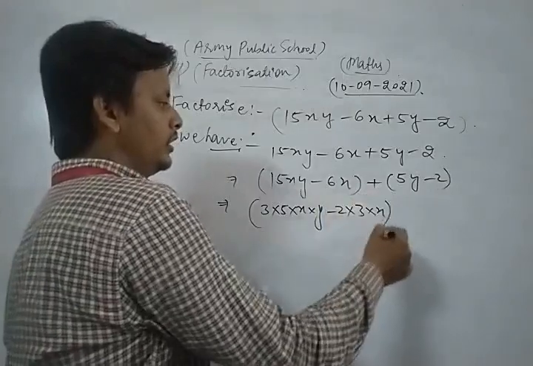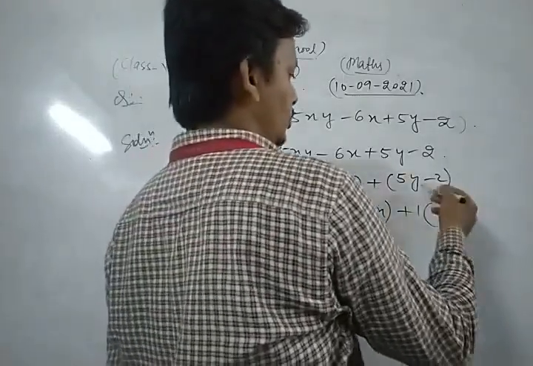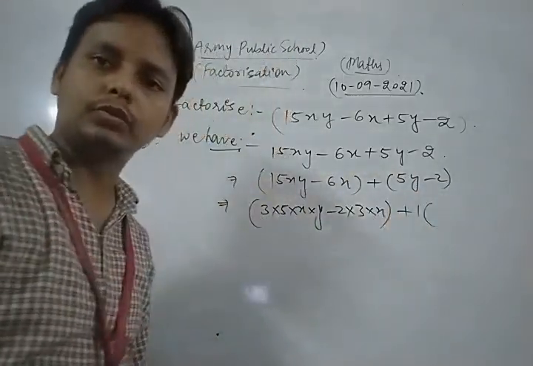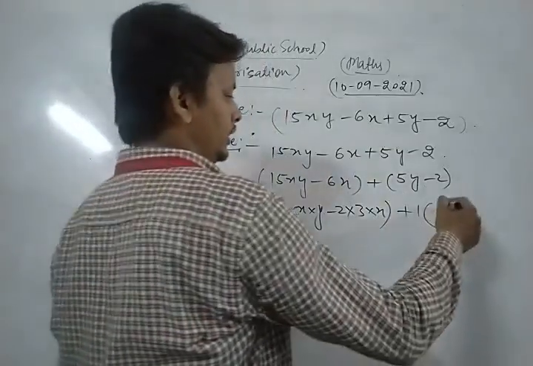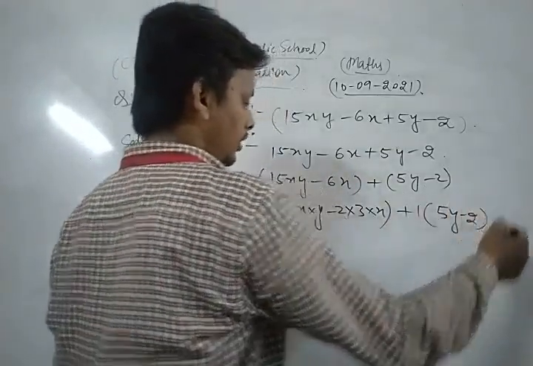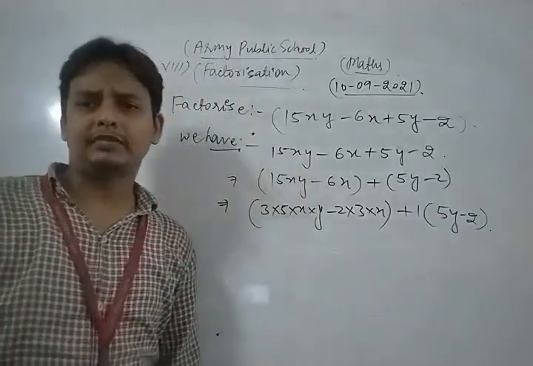Plus, in the other group no factor is common, so we take 1 as common. So we get 5y minus 2.